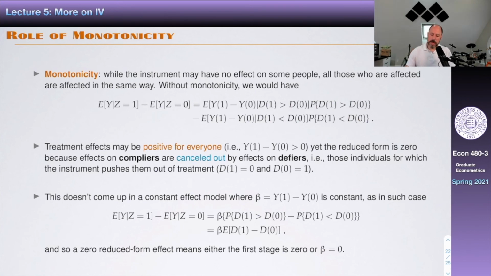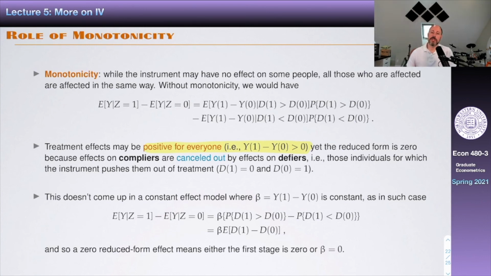And so then you're open to situations like this one. Suppose that there's a positive treatment effect for everybody. Everybody benefits from this treatment. Every single person has a positive treatment effect. But as you can see here, you have a negative over here. So if the effect for the compliers is offset by the effect on the defiers, then the IV estimate can actually be negative when there's a positive effect for everybody.